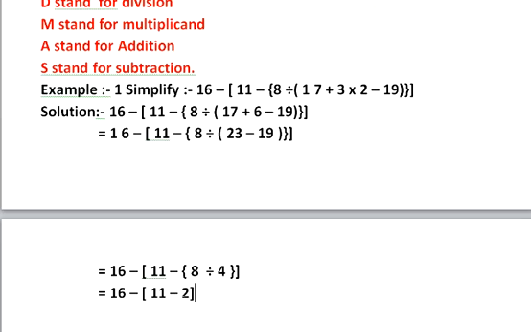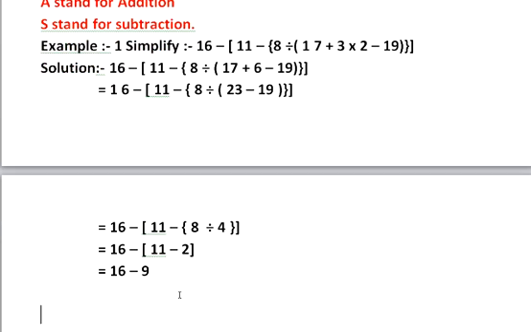We divide it and then close the square bracket, and at last we solve the square bracket, meaning the big bracket, and in the big bracket there is one fundamental operation, subtract. So we subtract it and remove the bracket. 11 minus 2 we get 9, and then at last we subtract 16 minus 9, so we get 7.